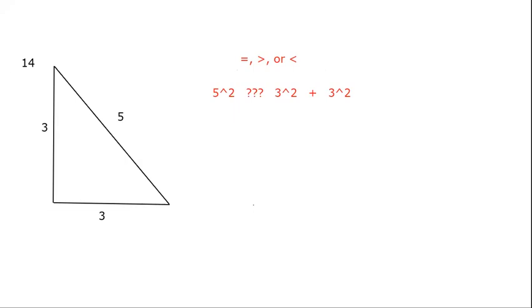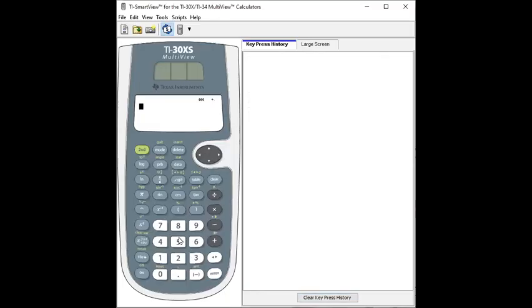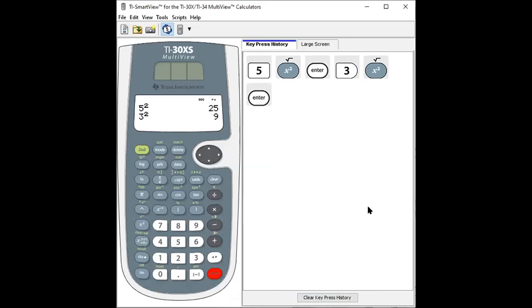So 5 squared, let's go look at our calculator. 5, you can push the x squared button, enter, 25. Well, 3 squared, 3, push the x squared button, enter, is 9. So 5 squared is 25, 3 squared is 9.